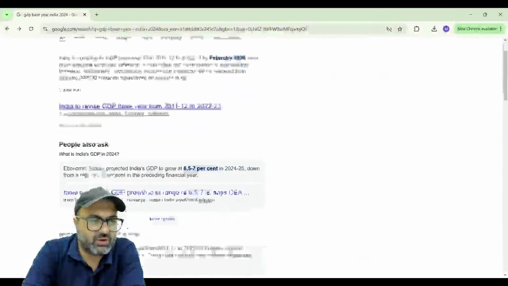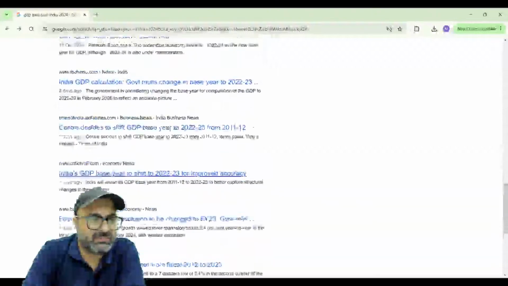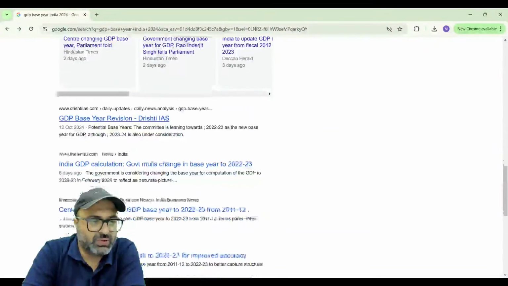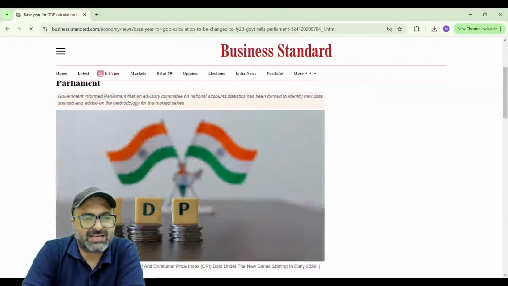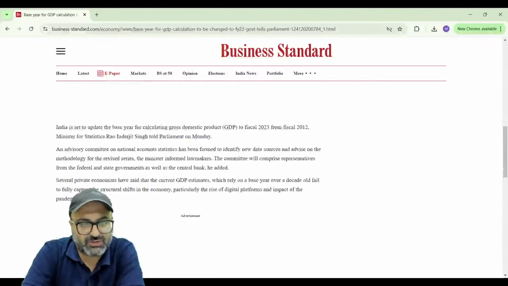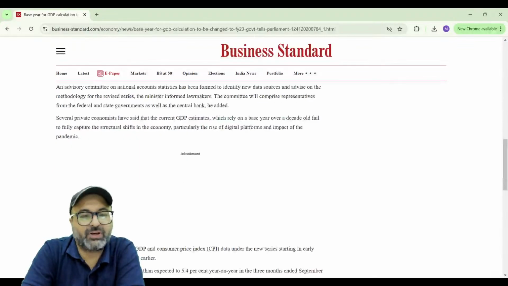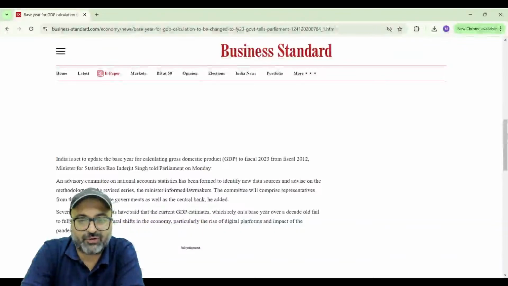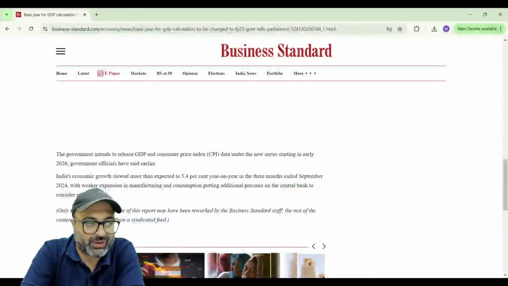If I go with one more source, let's jump to Business Standard. As per Business Standard, they have also highlighted the same. We are expecting that India's base year to calculate GDP growth estimates is going to be revised from 2011-12 to 2022-23.